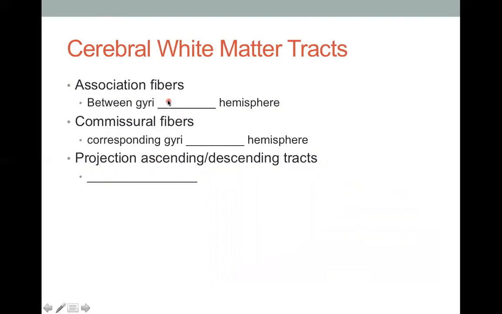Your association fibers connect and transmit nerve impulses between gyri that are in the same hemisphere. The commissural fibers will connect corresponding gyri in the opposite hemisphere.